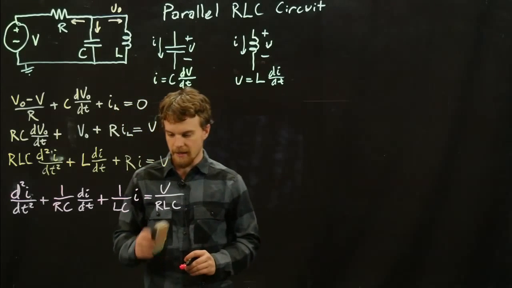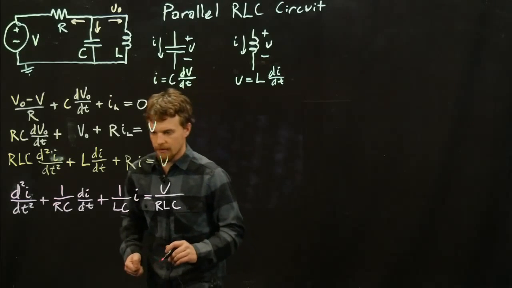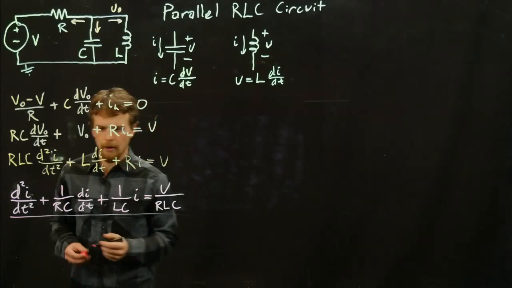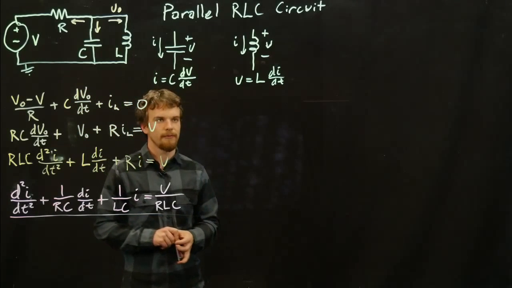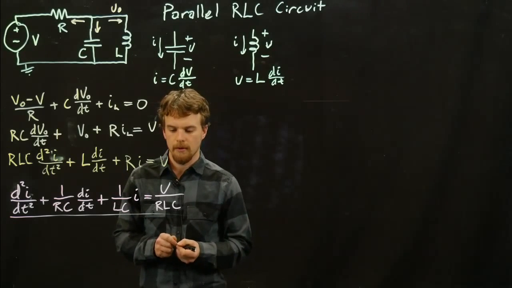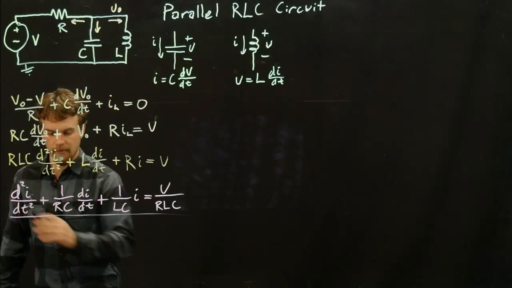That means we set this side of the equation equal to 0. So let's do that in the next step. A really good way to do this, and actually the way we kind of have to, I think, is to use Laplace transforms. So we'll set this equal to 0 and take the Laplace transform of this side.